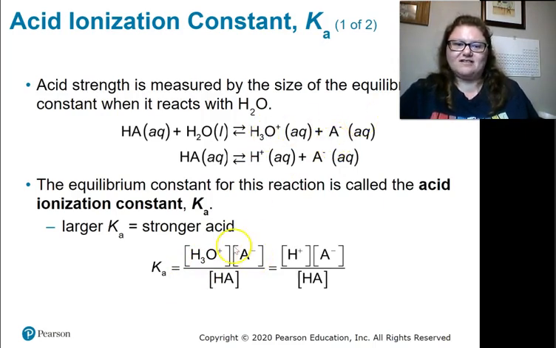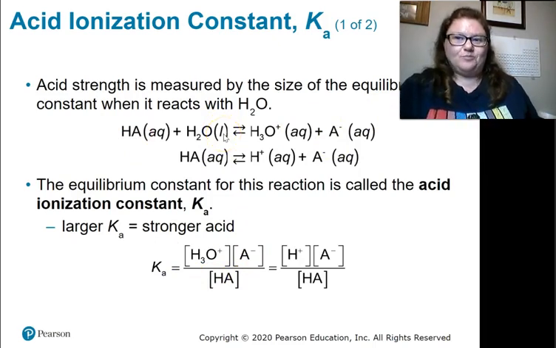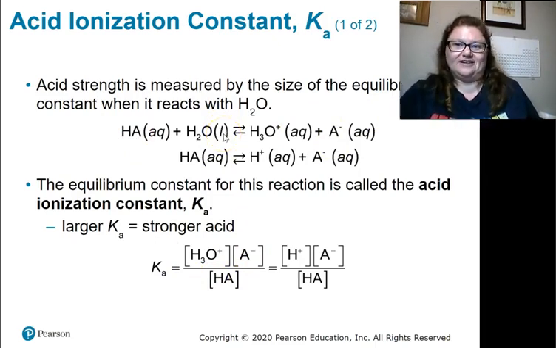So still products on top, over the original acid, which is our reactant here. Remember, in equilibrium, same as last chapter, pure water is a liquid, and so liquids and solids are not included in equilibrium equations. So that's why it's not here. And then we can also rewrite this, instead of saying hydronium, to just the proton. And so that's the difference between these two equations.